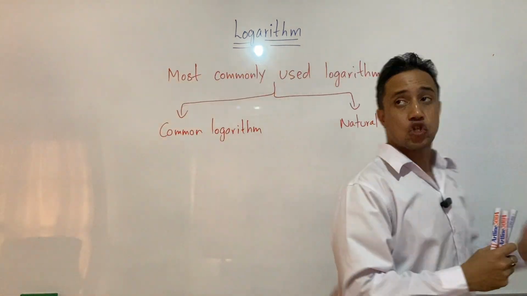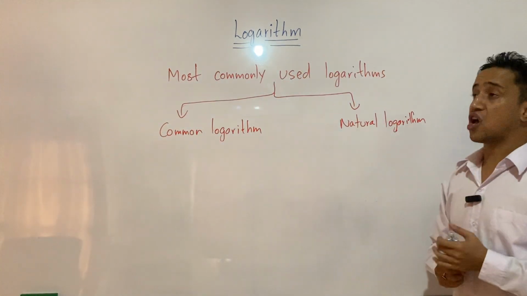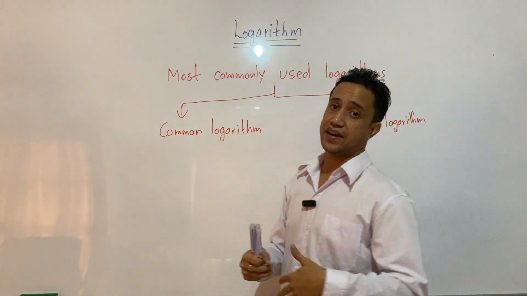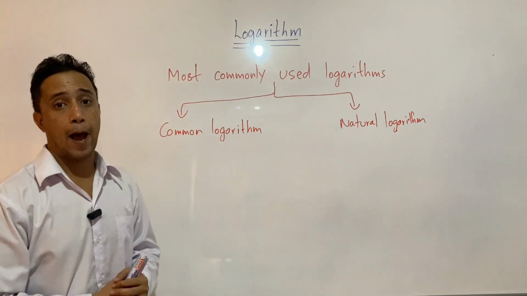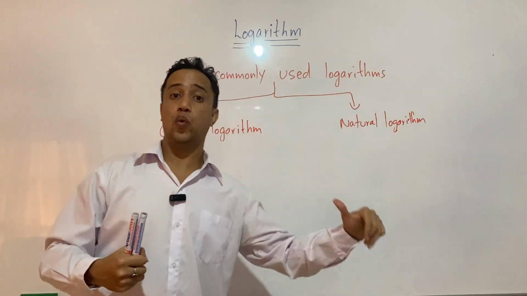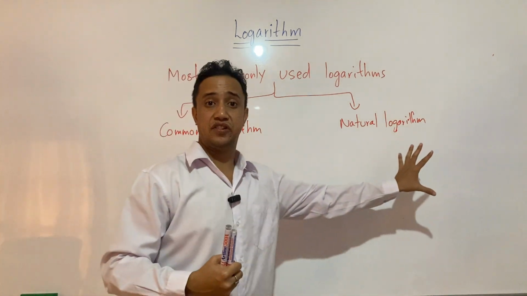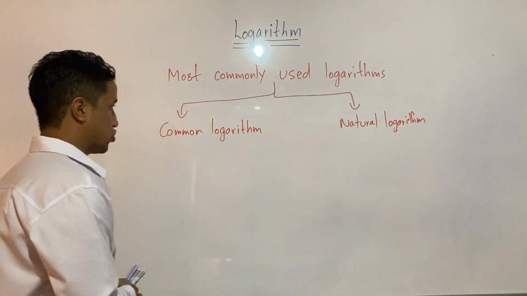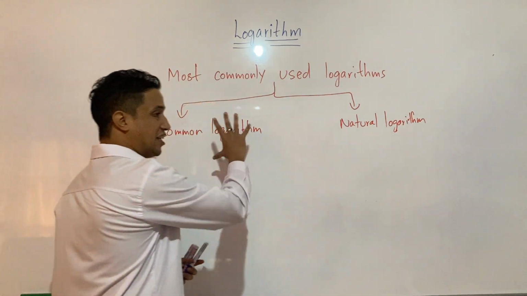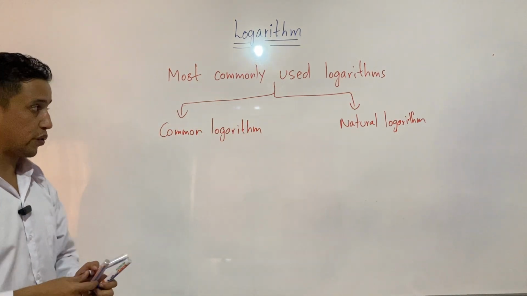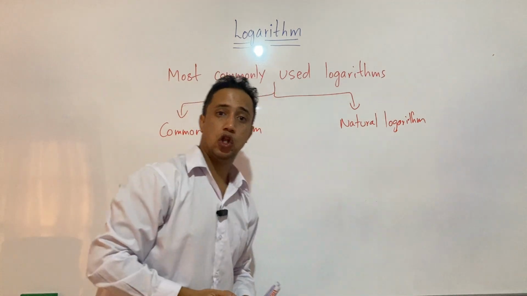So these two logarithms are very commonly used. It doesn't mean that we don't use the other logarithms with other bases. We do use that, but these are the most commonly used. So the most commonly used logarithms are the common logarithm and the natural logarithm.